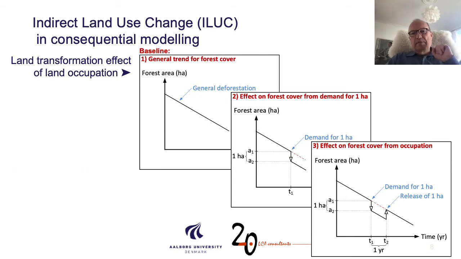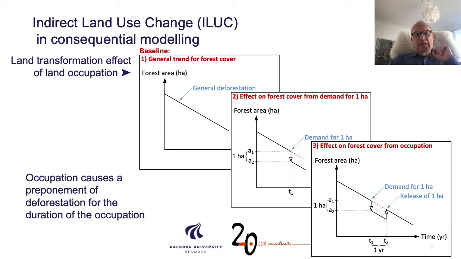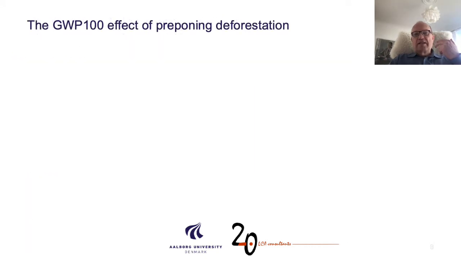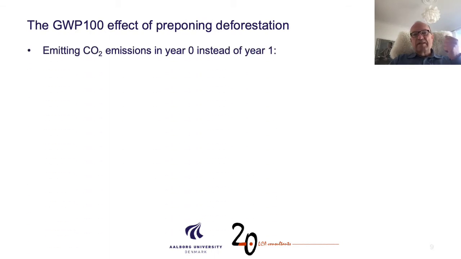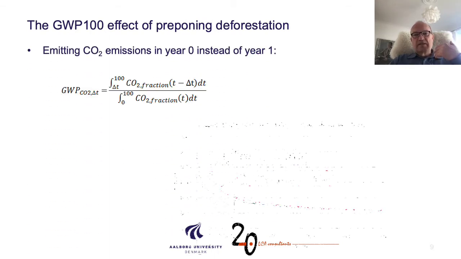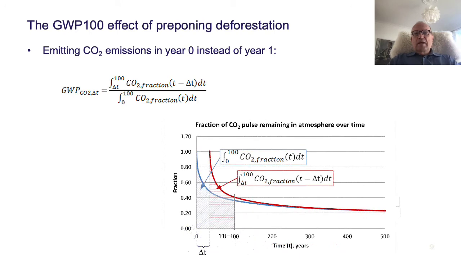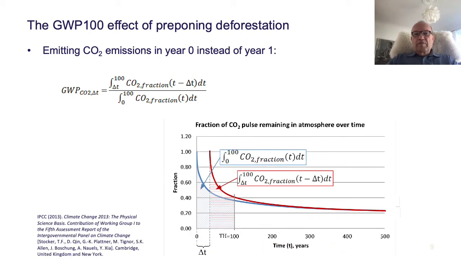Now that little bump actually can have quite significant effects. This preponement of deforestation for the duration of the occupation has a GWP 100 effect that you can see in this slide here. We're moving from the red line to the blue line.